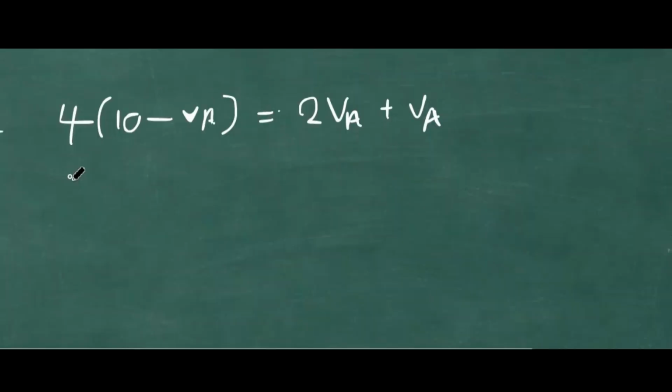Now I am going to multiply this bracket by 4. 4 times 10 is 40, and 4 times minus VA is minus 4VA, equal to 3VA, since 2VA plus VA means 3VA.